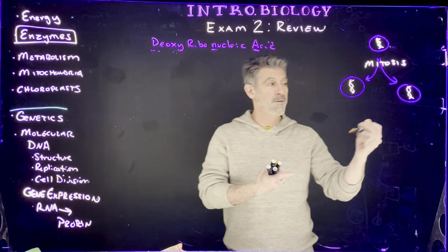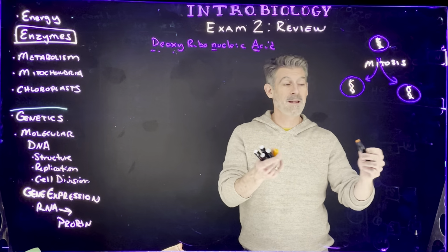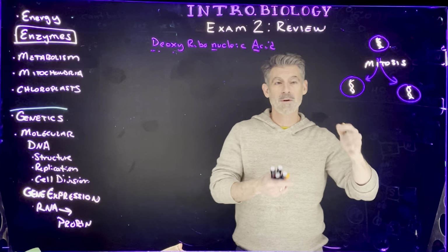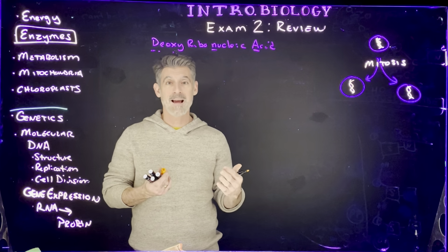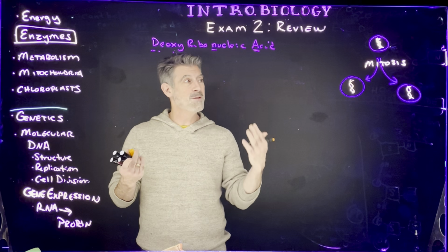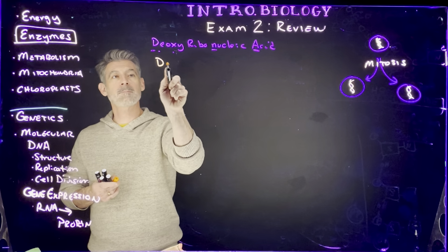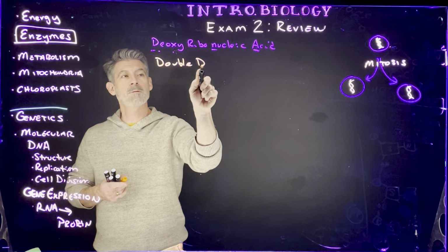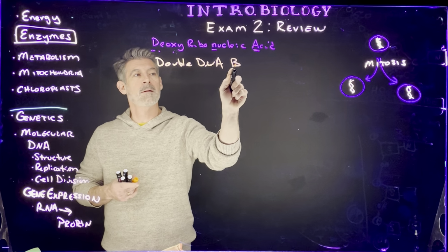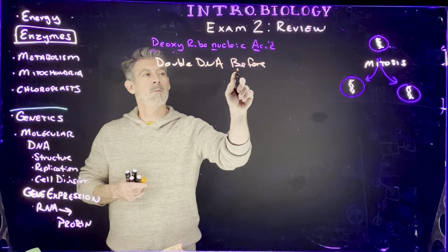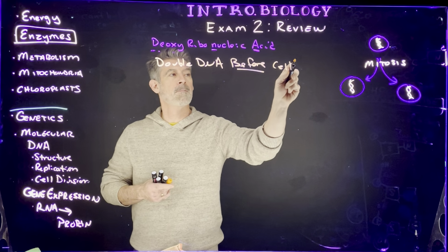And if these cells were to divide into more cells, same thing, they'll all have to be the same as the original cell. So how is that going to happen? Well, it means before we divide, we have to double the DNA. Double DNA before cell division.